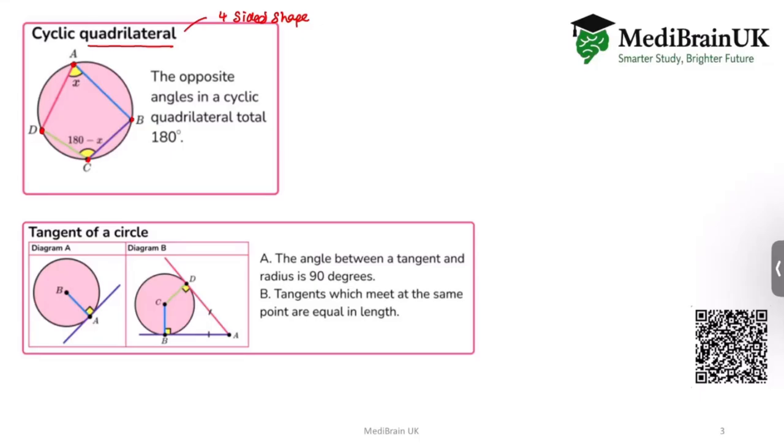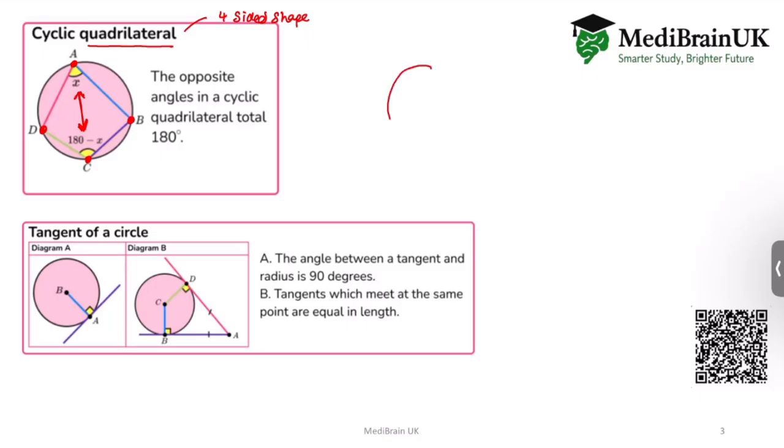So over here, if you had angle A and angle C, because this is a cyclic quadrilateral, both of those angles need to add up to 180 degrees. And just like that, D and B are opposite to each other, so those two angles also have to add up to 180 degrees.